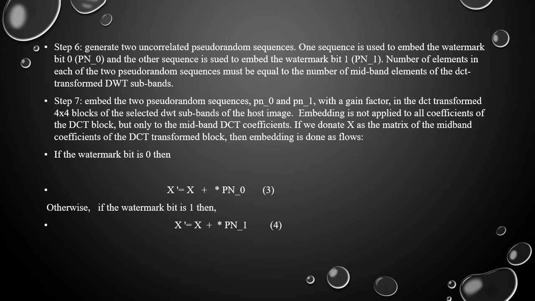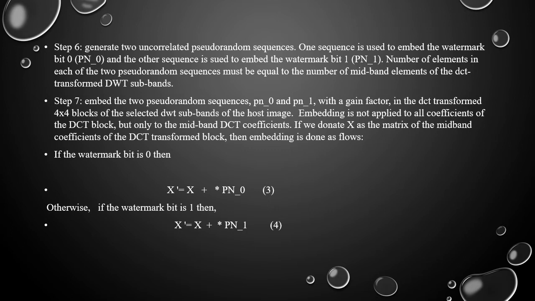Then the seventh step is to embed the 2 pseudo-random sequences Pn0 and Pn1 with a gain factor in the DCT transformed 4 blocks of the selected DWT subband of the host image. Actually, the embedding is not applied to all coefficients of the DCT blocks.